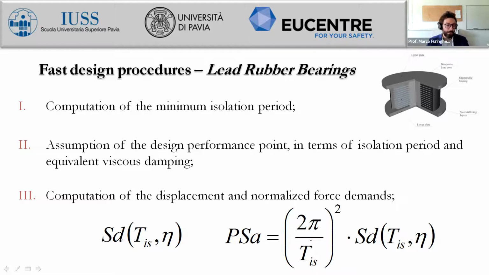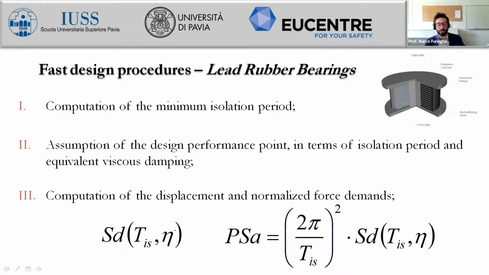And then again, the third step, the computation of the displacement and normalized force demands in terms of spectral coordinates for both displacement and pseudo acceleration. And remember, here it is not written, but generally we can say that the third step is the computation of the global characteristics of the isolation system.